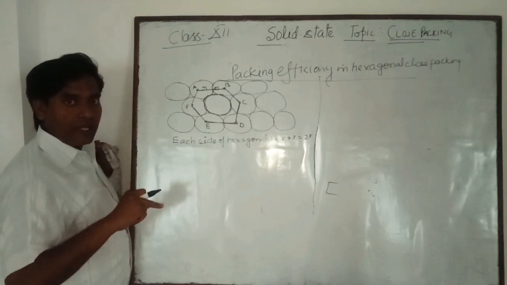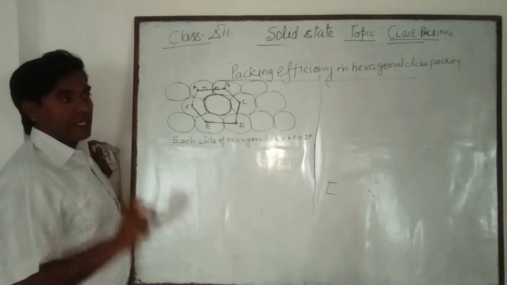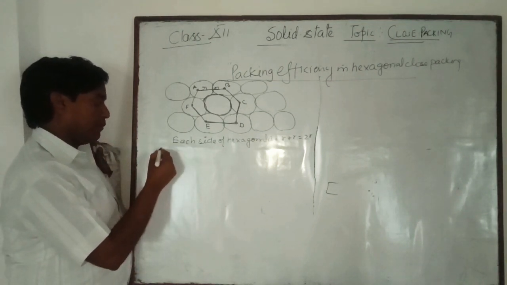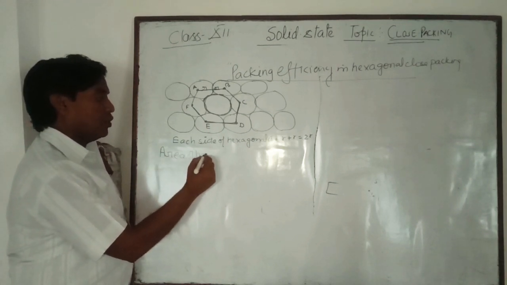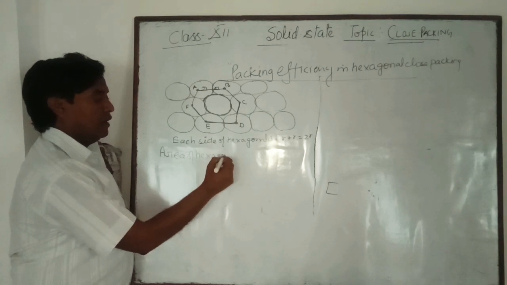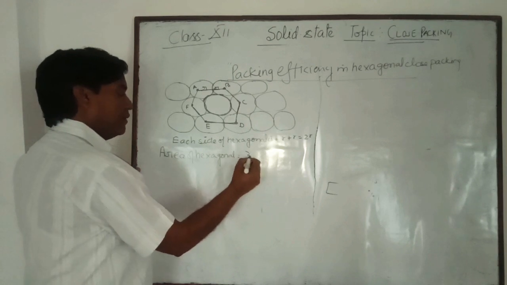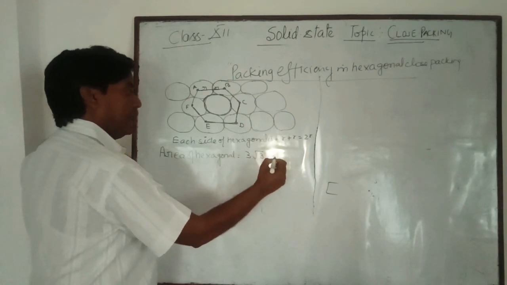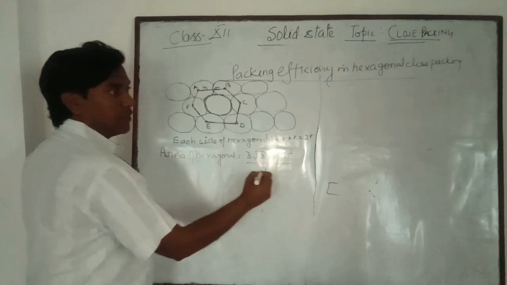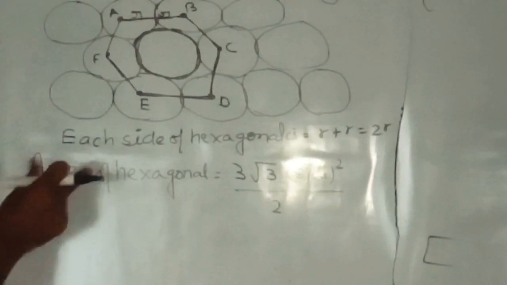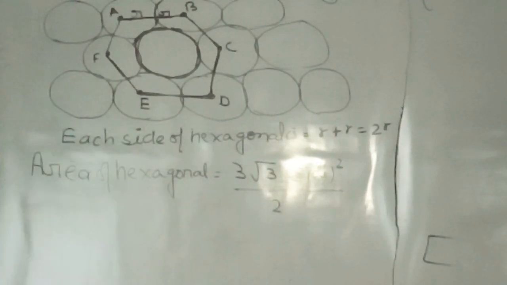As in square close packing we found the area of the square, similarly we are going to find the area of the hexagon. बेटा देखो, यहाँ पे the area of a hexagonal structure having the same side is 3 root 3 and side का square upon 2. That is the formula of the area of the hexagon: 3 root 3 side square upon 2.